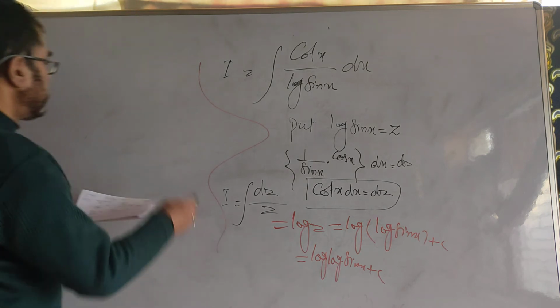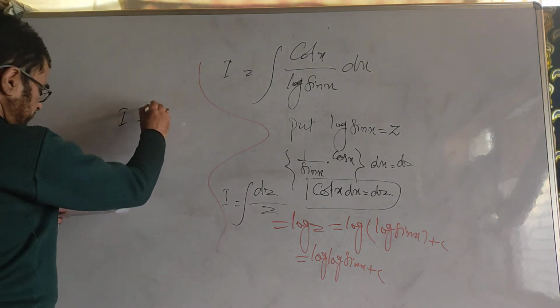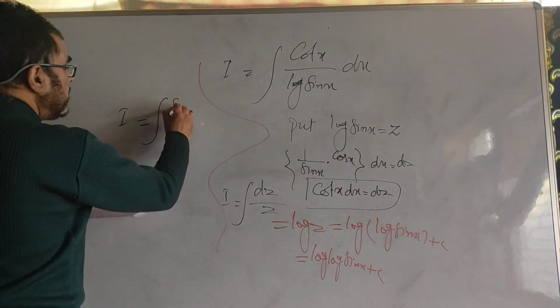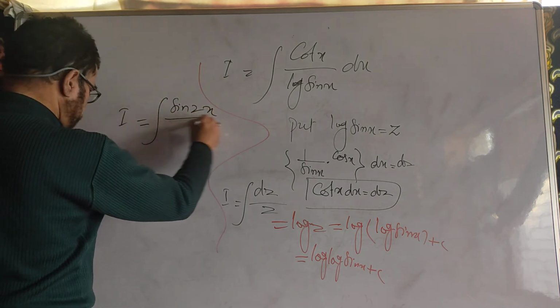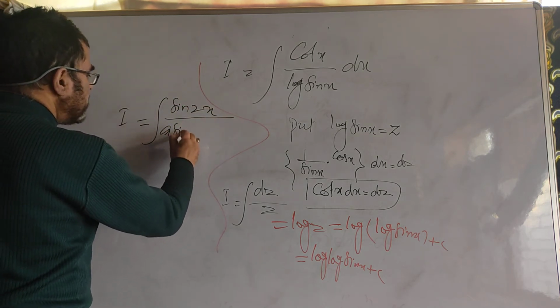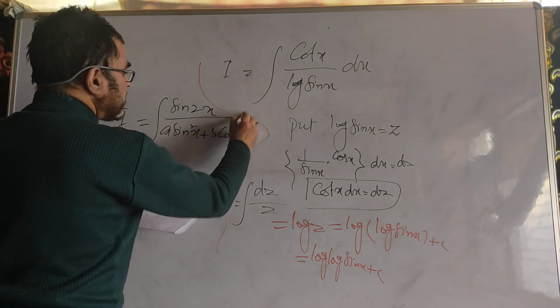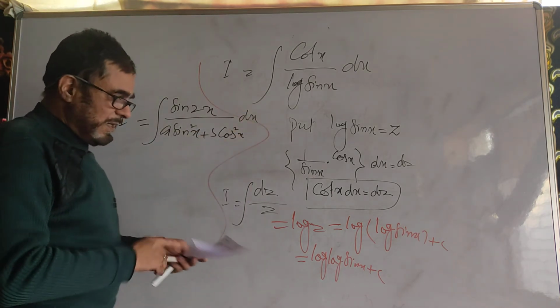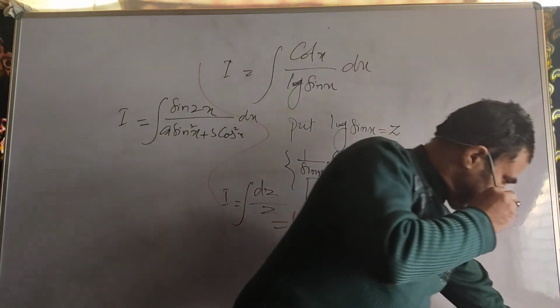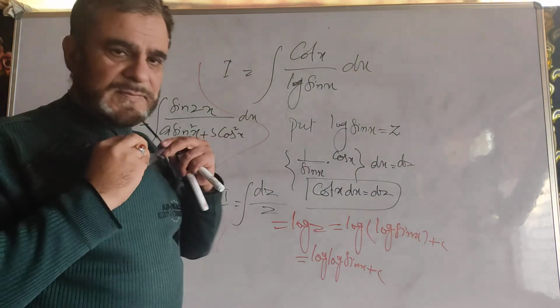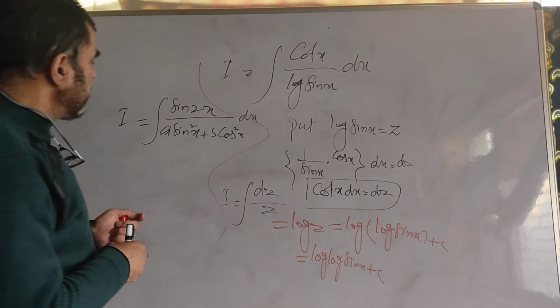Suppose you have I as the integral of sin 2x by a sin square x plus b cos square x dx. How shall we deal with this question?